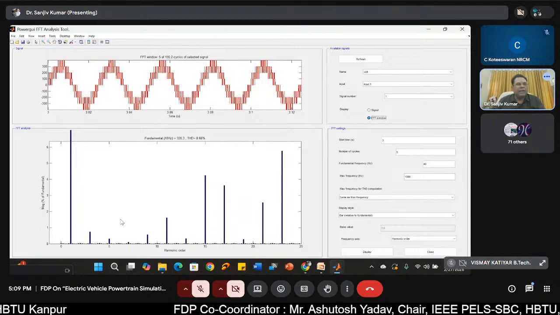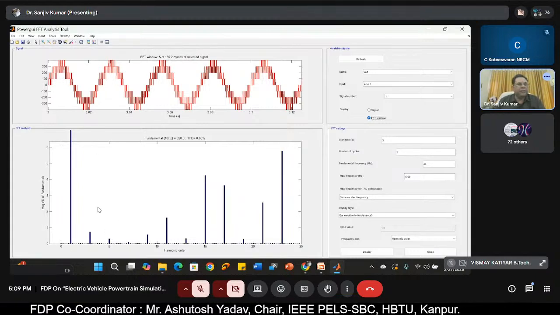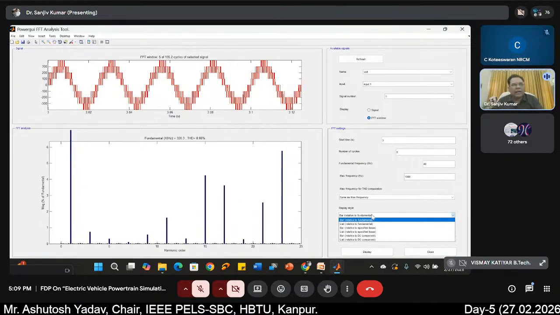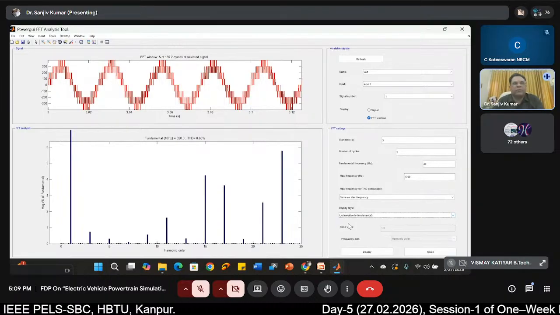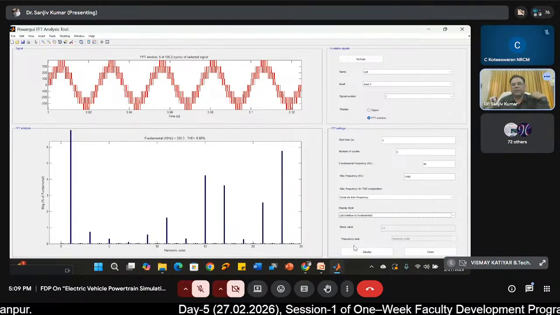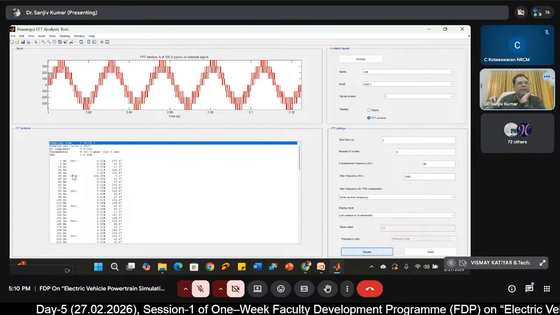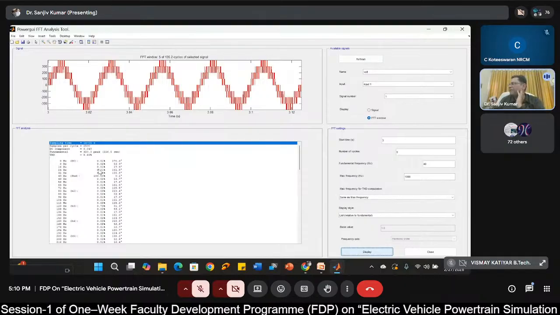If you see, these are the harmonics. Fundamental is 50 hertz. Now let us see the list related to the fundamental. That you can also check here. Here you can see the DC is 0.01%.